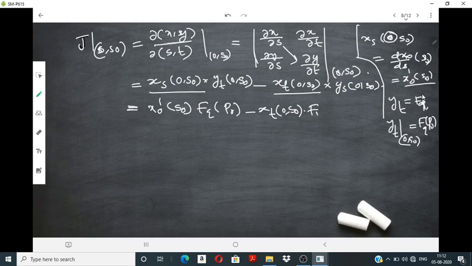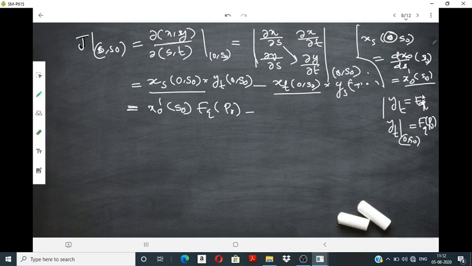Or fp, and the last one, xs into ys at 0 is not. Similarly we can write it as ys at 0 is not.